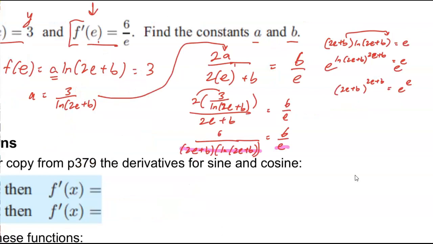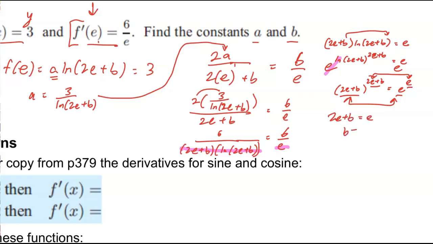So just to show you explicitly, the e and the natural log canceled out, right? Okay, now I have something to the something is equal to e to the e. I can say that the bases are equivalent and the exponents are equivalent because they're all the same, right? So my 2e plus b is actually equal to e.